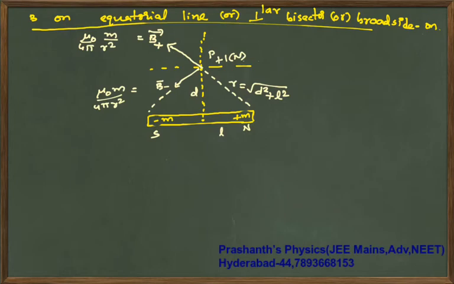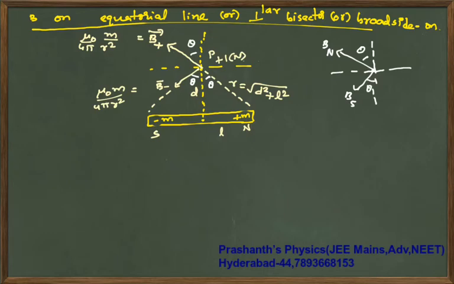Now here basically you have two vectors. This angle, if it is theta, this angle also will be theta only. So you have two vectors of equal magnitudes, B1, B2, B because of the north pole and B because of the south pole, making some angle theta like this.